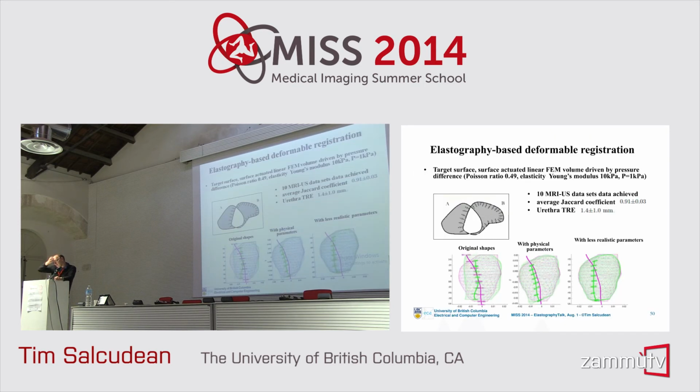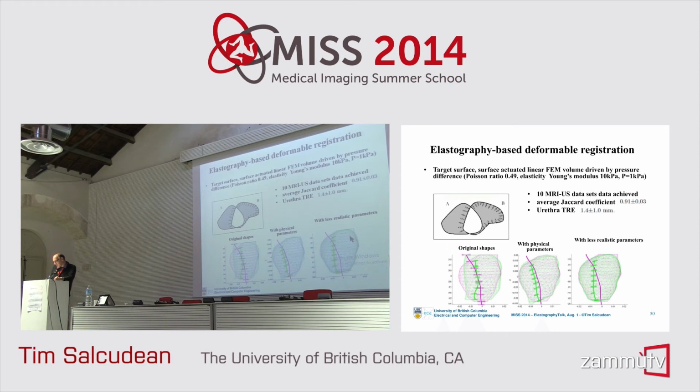So I have just a few more minutes to talk about other exciting applications of elastography. Here's a case of deformable registration. How we do this is not that important. We apply a pressure that is internal to the intersection of surfaces to bring them into registration.